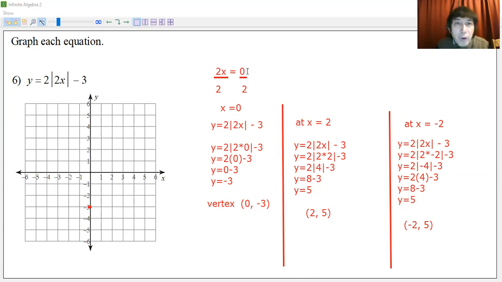Now we're ready to draw our graph. Our second point is 2, 5, and our other point is on the other side, negative 2, 5. And so if we draw our lines from 0, negative 3, the vertex, we project it up there, and then also the other one, we project it up there.